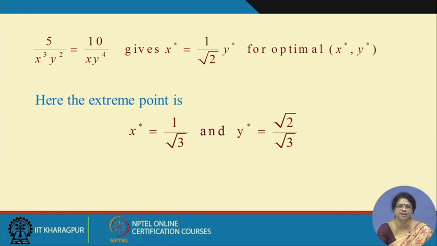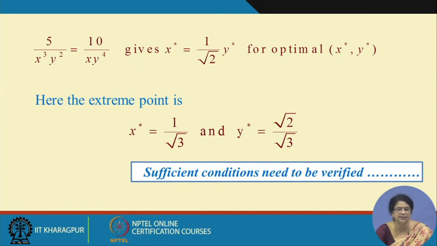Now, if you want to check in the individual extreme points whether it is a maximum or a minimum, you need to see the property of the Hessian matrix. That part you should do to get the sufficient condition. This I am keeping as an assignment for you. Do it on your own: find the Hessian matrix, find the principal minors, or you can go for the eigenvalues, and check whether this extreme point is a minimum or not.